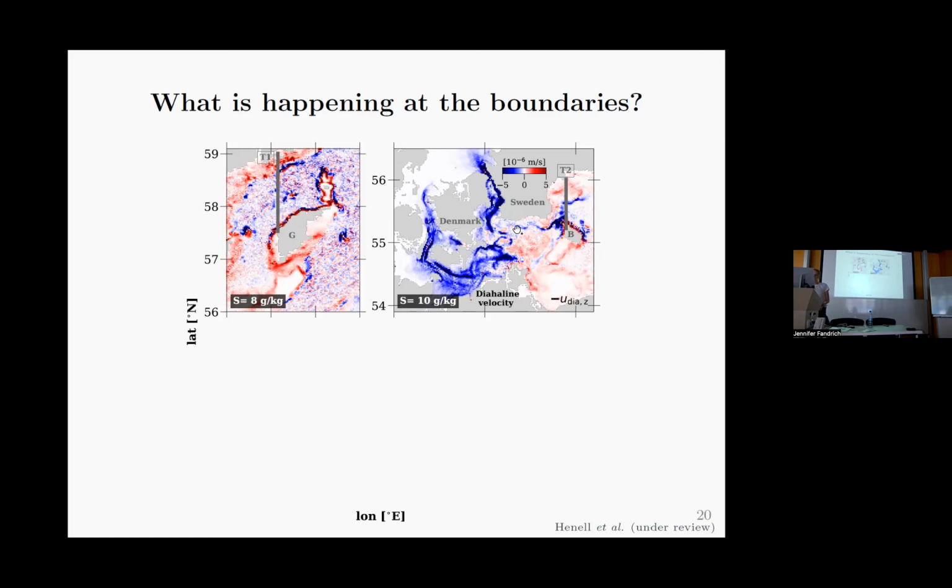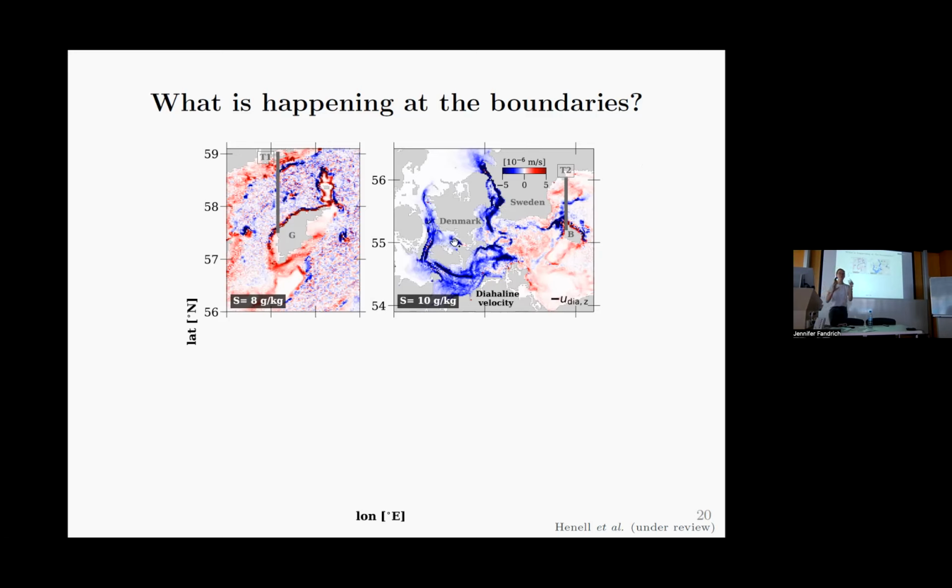And what is actually happening is that when the isohalines touch the boundary, the bottom topography, sorry, then we have the incoming velocity, so that's red here. But when the isohalines come up to the surface, as is the case here in the Baltic Sea, then we have all these outgoing velocities.